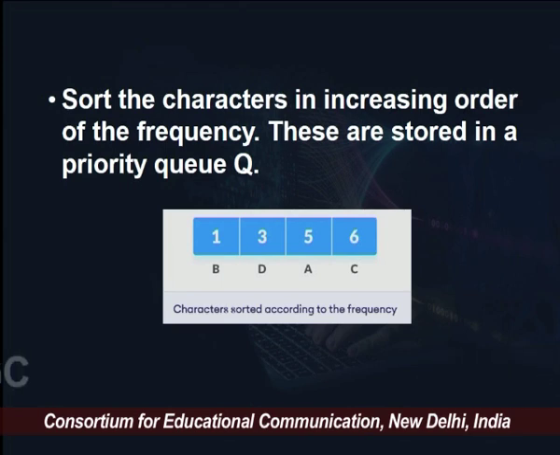Then these frequencies are stored in a priority queue. First the frequency is calculated, then sorting is done as per the frequency, and then a priority queue is used to store these.